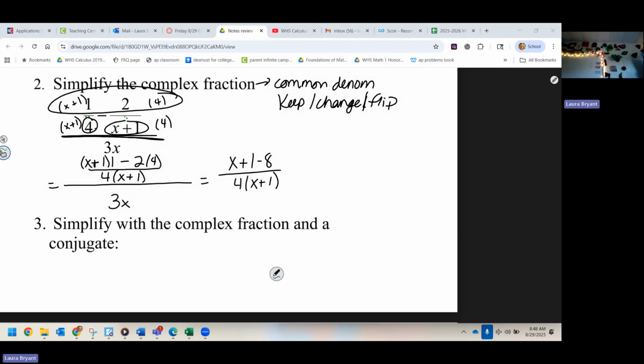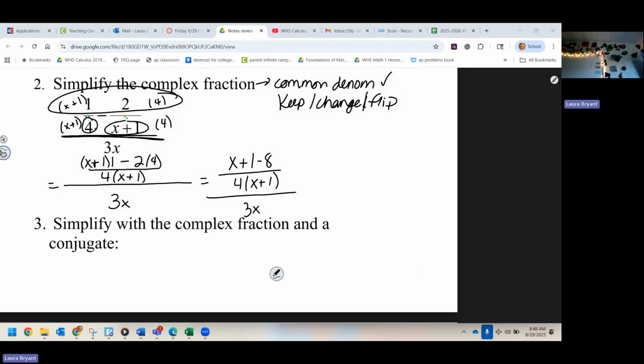My common denominator was 4 times x plus 1, and then all of that is still over 3x. So common denominator step, wherever the fractions are that are within the other fraction, you're working on a common denominator of that.